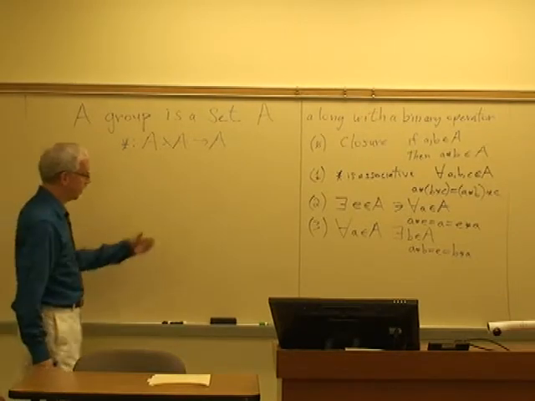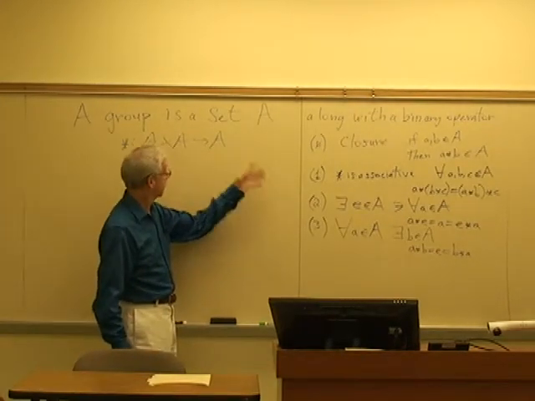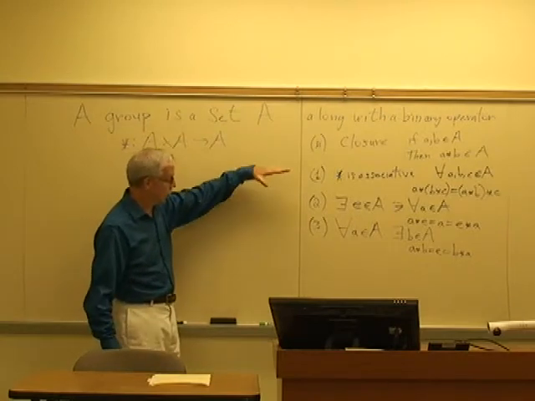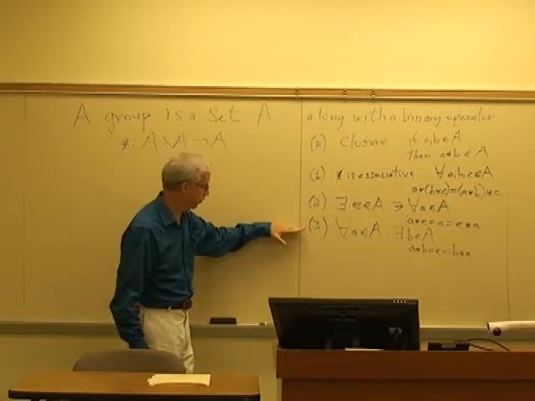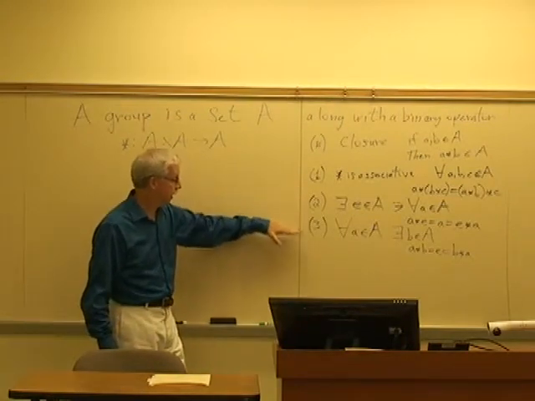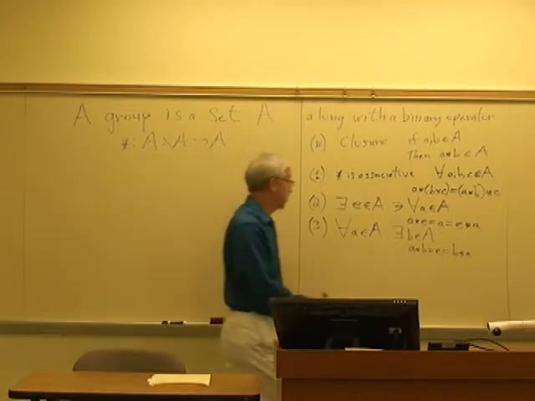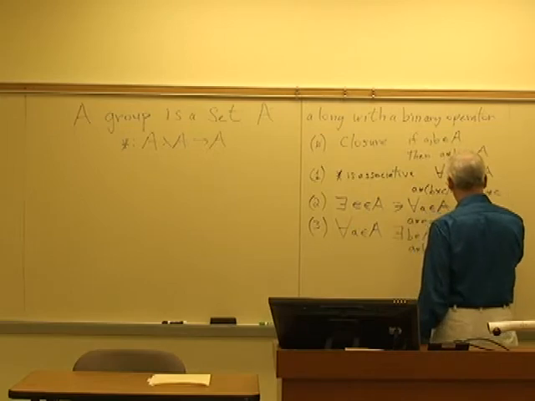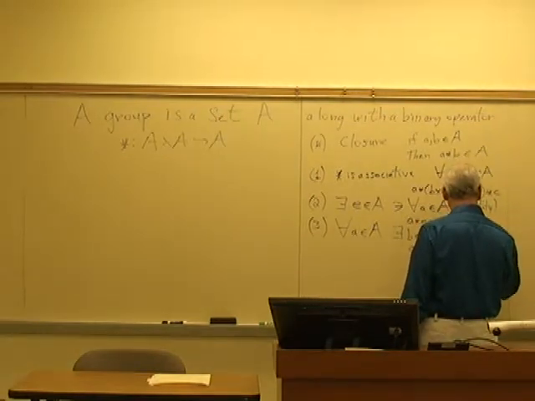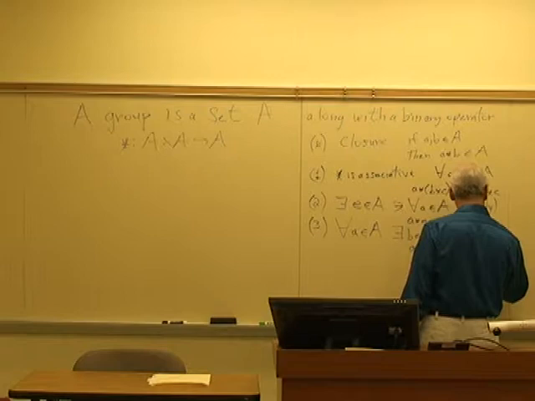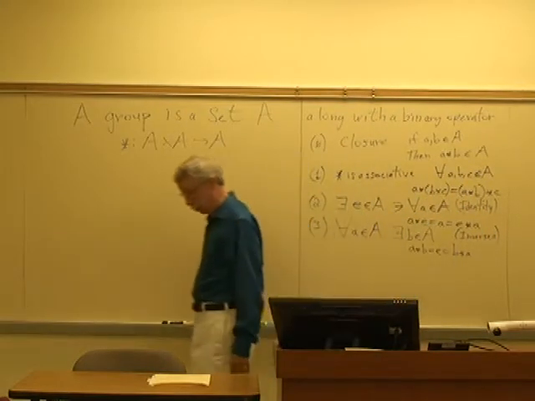So those are the 3 defining properties of a group. A set with a binary operator, where the binary operator is associative, there exists an identity, and everybody's got an inverse, so we can label these as identity and label this as inverses. That is, everybody has one.